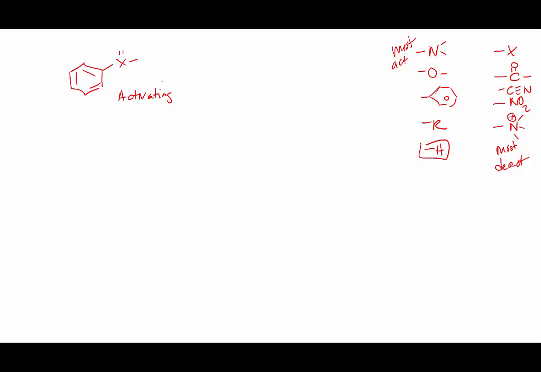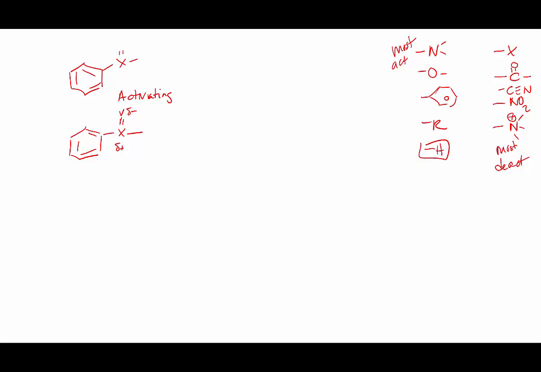If I look at a deactivating group outside of the halogens, the generic form of a deactivating group is to have an X double bond Y group where X is slightly positive and Y is slightly negative.